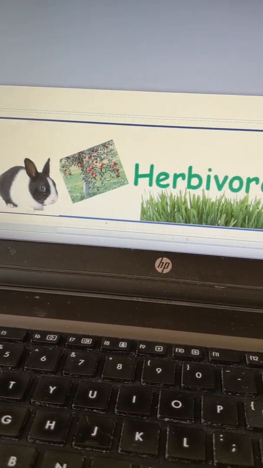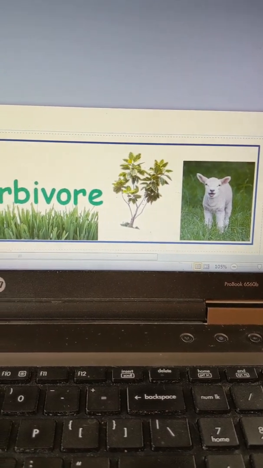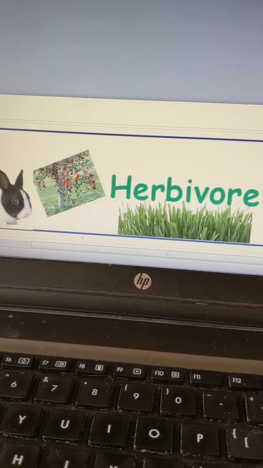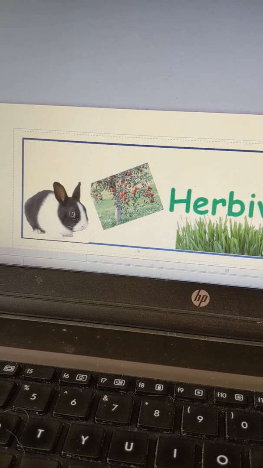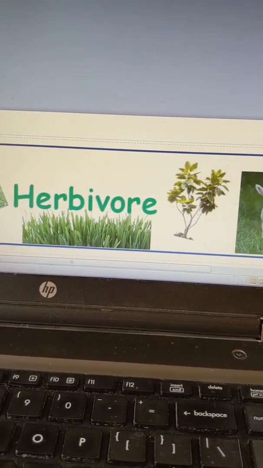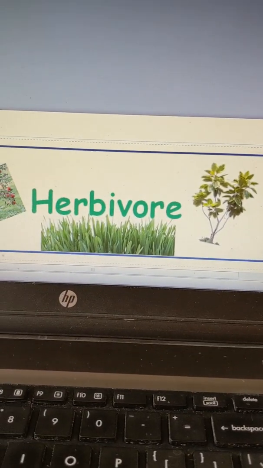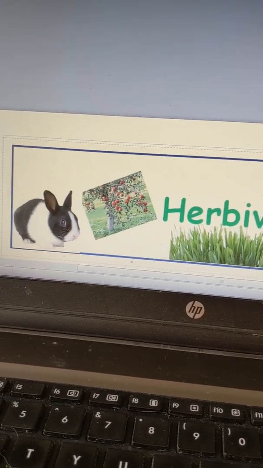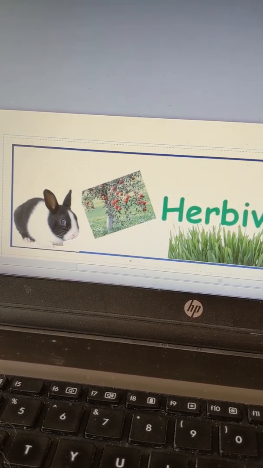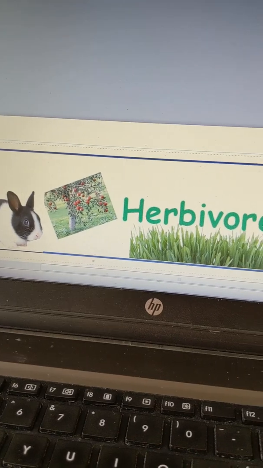Okay, so let's talk about animals and what they eat. There's a group of animals called a herbivore. Herbivores only eat things that grow from the ground, like grass, leaves from trees, fruit, bark, things like that.